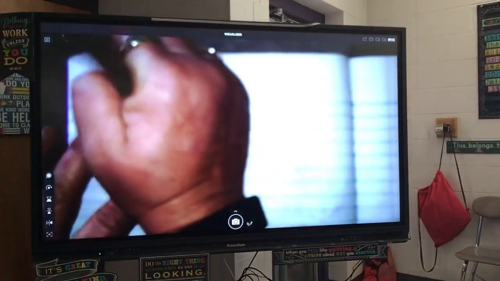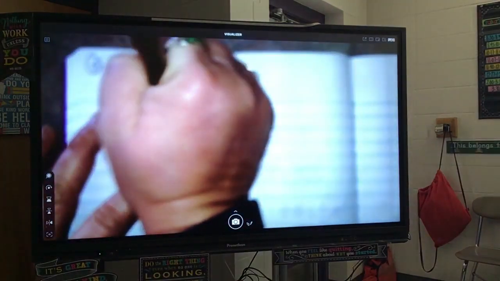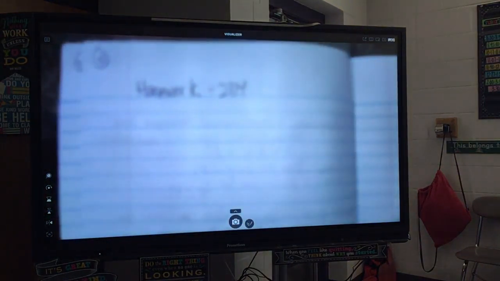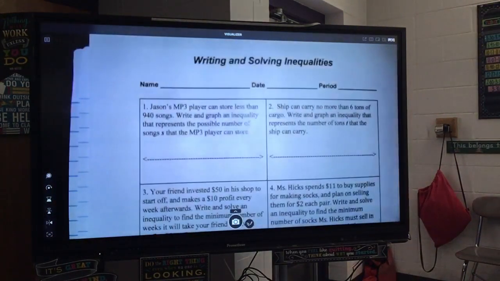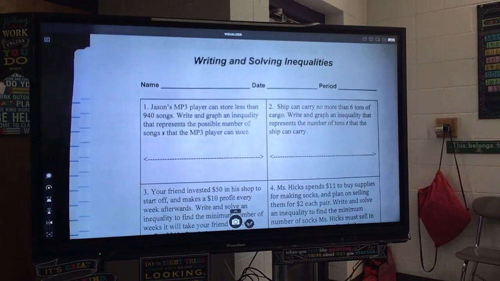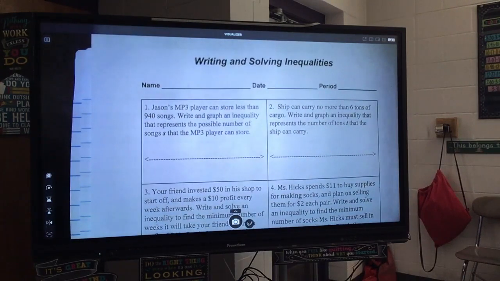Make sure you have this labeled homework and then today's date. On here, you are annotating. You are drawing. It says write and graph an inequality that represents the possible number of songs S that the MP3 player can store. You are then checking your graph, which means you're going to do what? To check your graph, what do you have to do to make sure?